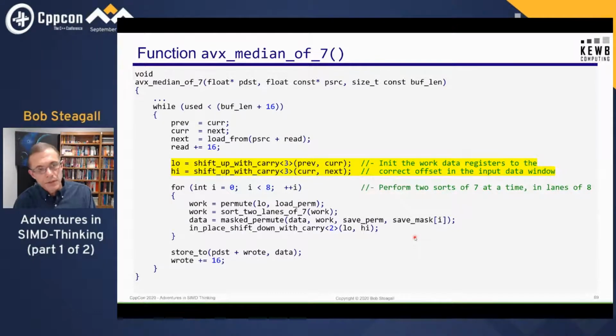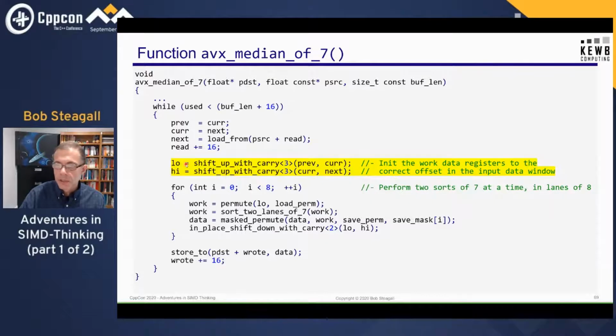Now, this is where I'm going to use this weird function I mentioned before, shift up with carry. This is where it gets useful. My low work register, I'm going to shift up by 3 elements because my median filter kernel has 7 elements in it. I want to do a median of 7. So 7 divided by 2, integer division, is 3. So I'm going to shift previous and current up by 3 locations, and I'm going to store the result in low.